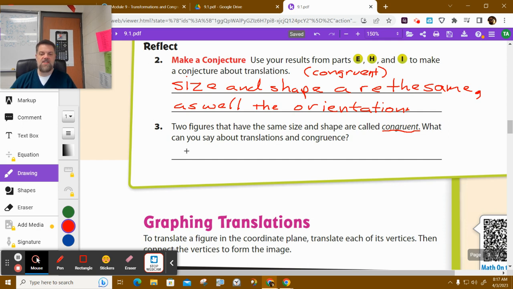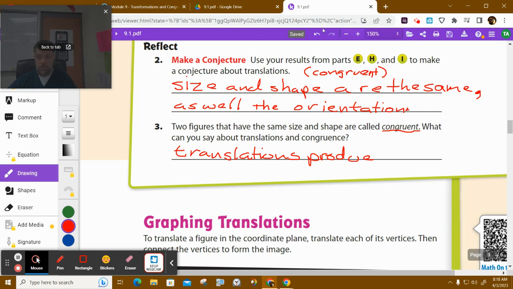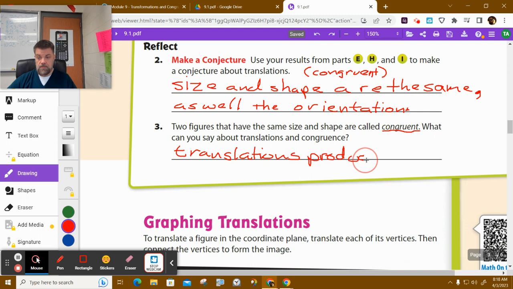What can you say about translations and congruent figures? Translations produce congruent figures.